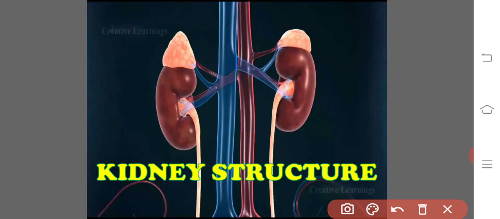And then the kidney on the outer side is convex, whereas the inner side, that is towards the vertebral column, is concave in nature. Outer side is convex and inner side is concave.